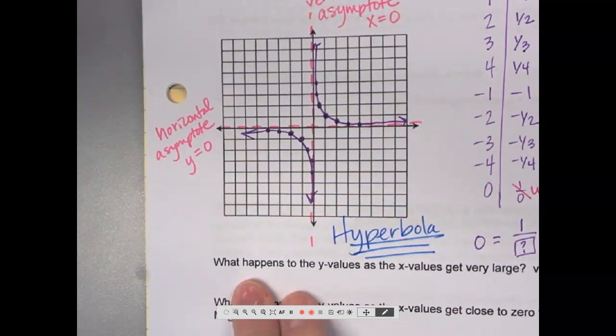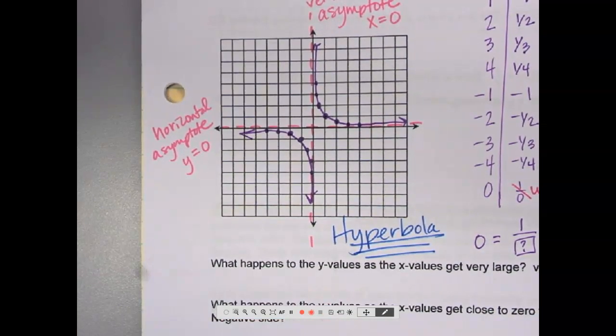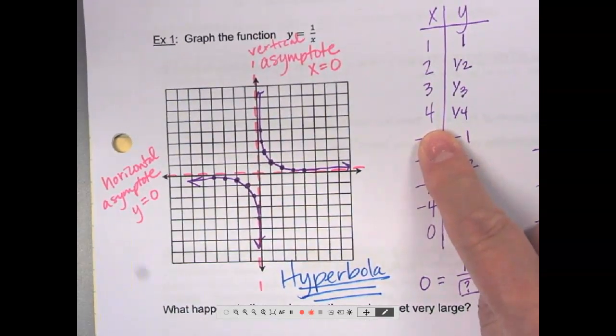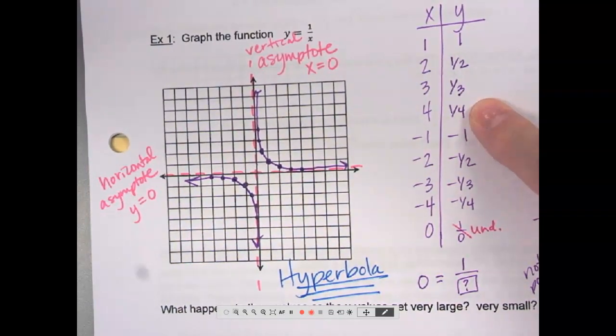Okay, so let's look at this next question. What happens to the y values as the x's get very large? So if I kept making a table and I used x equals 10, 1,000, 10,000, what would happen to these y values?